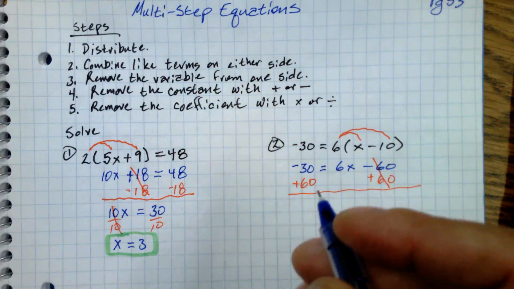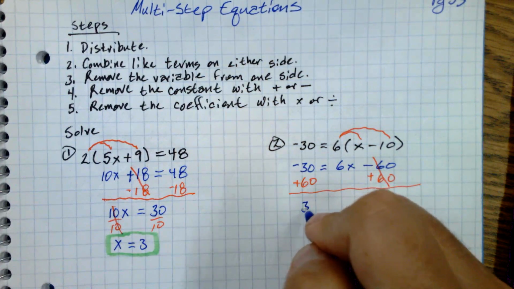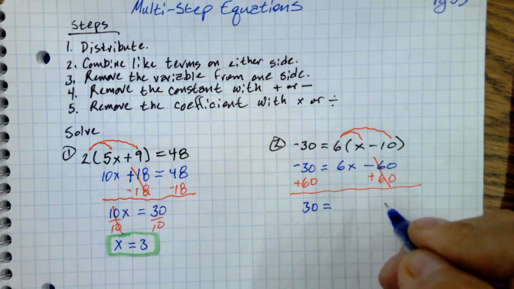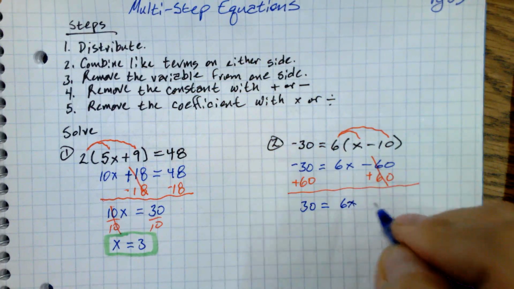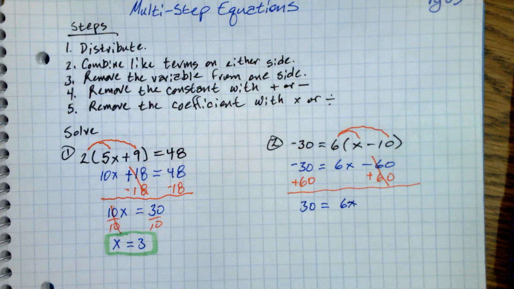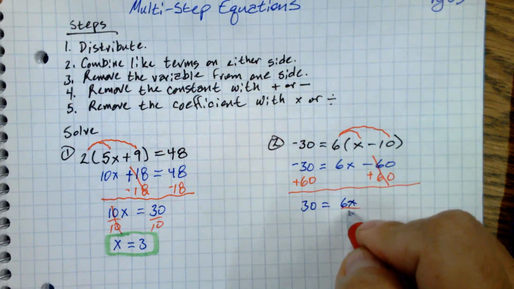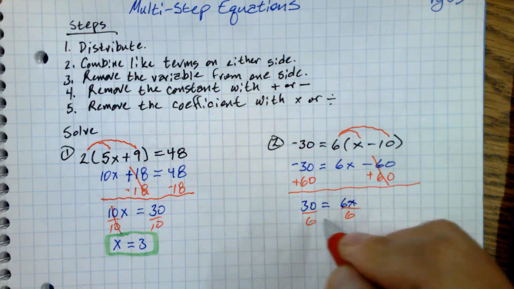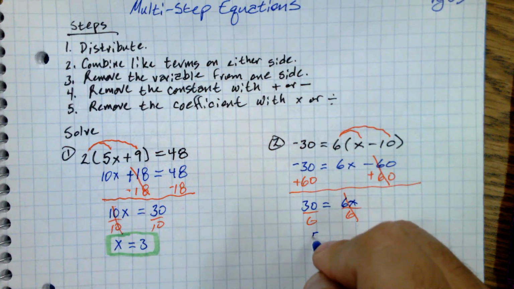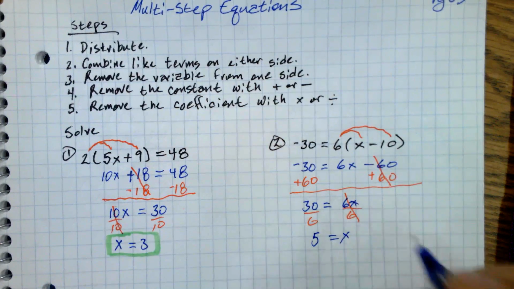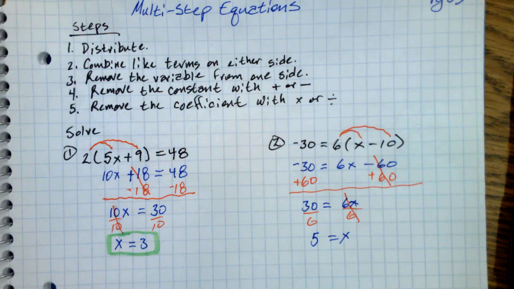And then negative 30 and 60. Thank you. And that's 30, and it's equal to 6x. And we'll get 5. Okay. This is kind of our warm-up.